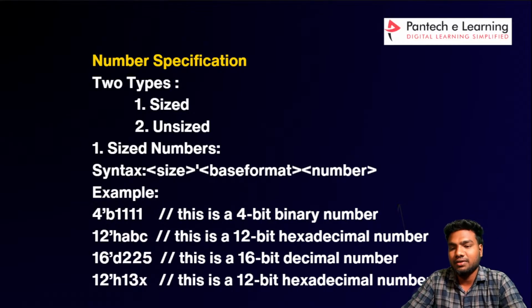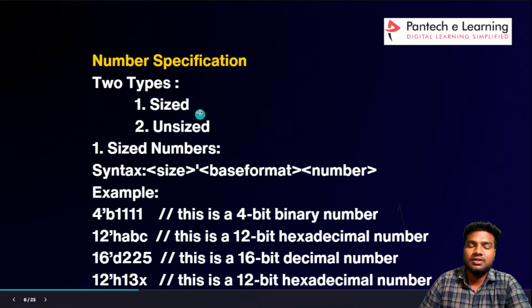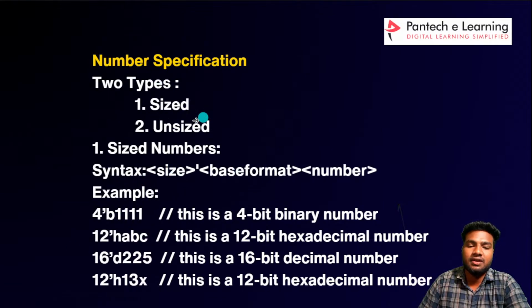But here, if you want to assign binary values to a variable, we can give some restriction, some size for how many bits it has, like this. This is the syntax for number specification, sized and unsized.